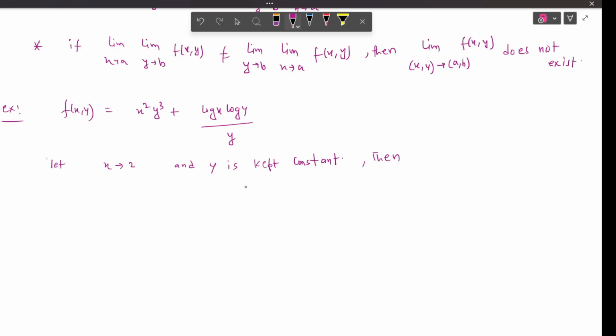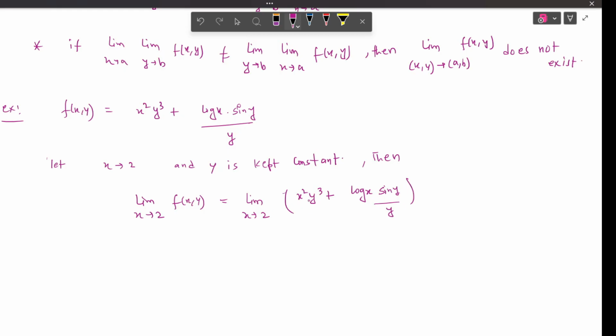So limit x tends to 2 keeping y constant, f of x comma y would be limit x tends to 2 of x square y cube plus log of x into sine of y by y.